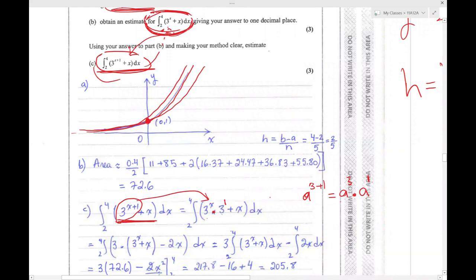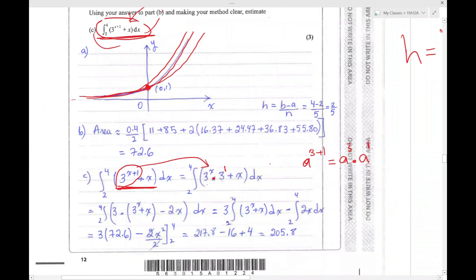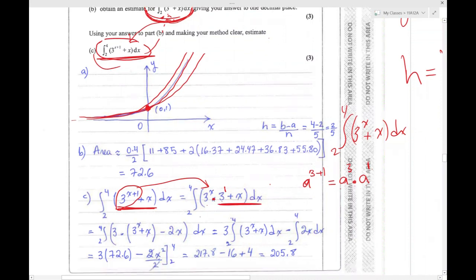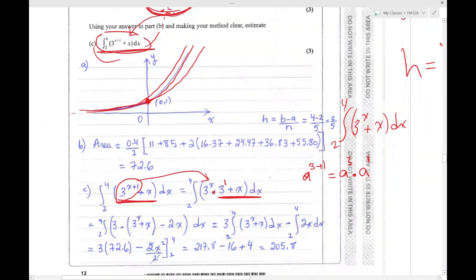Then we want to reach, let me write it here. We want to reach the integral of 3 to the x plus x dx from 2 to 4. Now, I need to have this on its own so I can use its value. So it's 3 multiplied by 3 to the x plus x minus 2x.